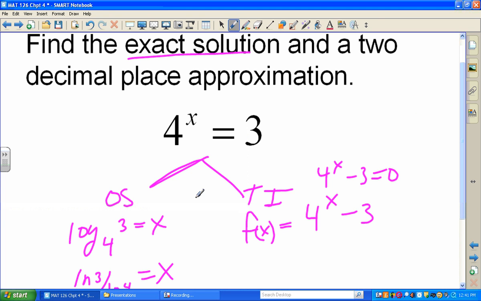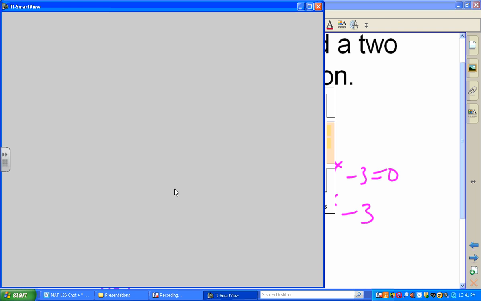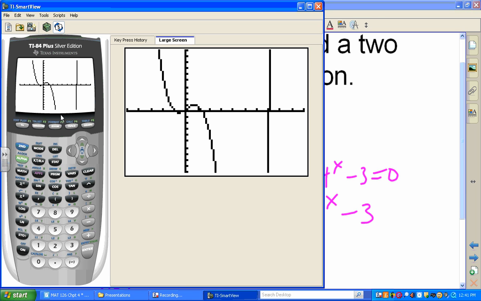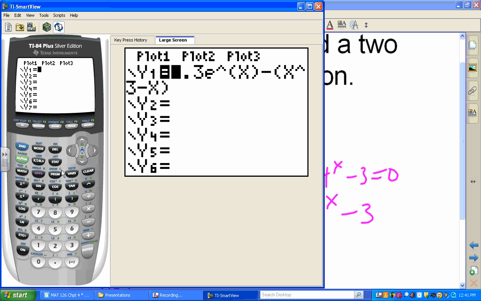And somebody's going to punch out, obviously, natural log of 3 and natural log of 4 and divide them. That's fine if you want. Y equals, clear. Nothing as crisp and clean looking as an exponential function graphed out on a snowy, cold winter's day. Zoom 6.